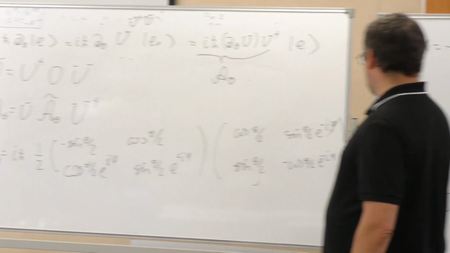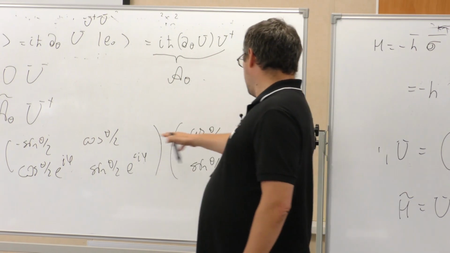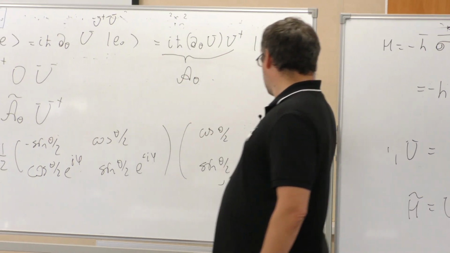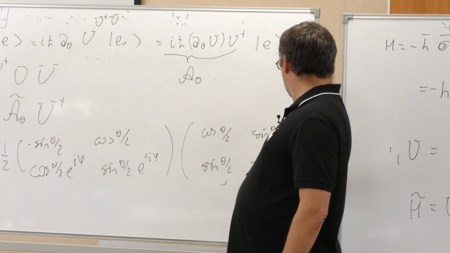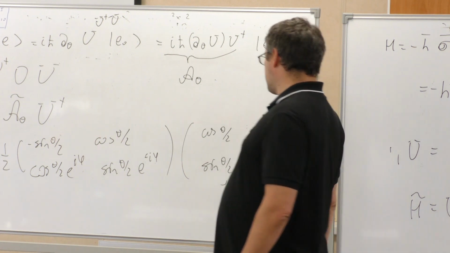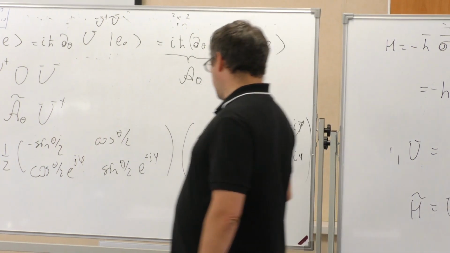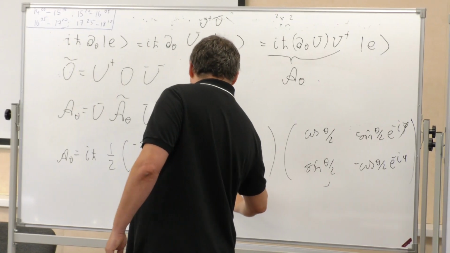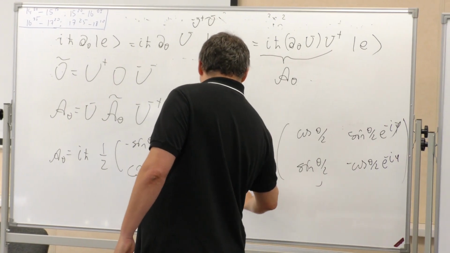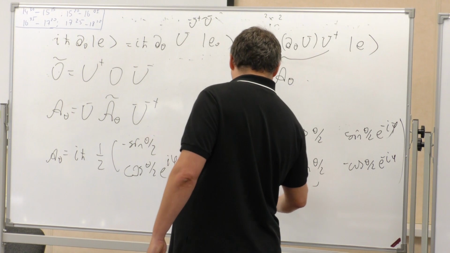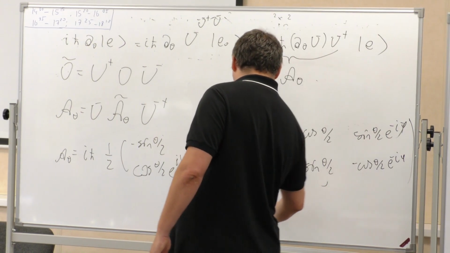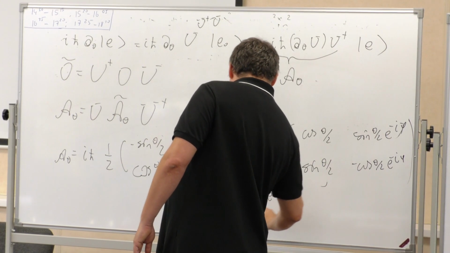Anyway, everything should come out right. So I will get minus sine squared times e to the minus i phi minus cosine squared e to the i phi, so they add to 1. So I will get i h bar over 2, and then 0, minus e to the minus i phi, e to the i phi, 0.